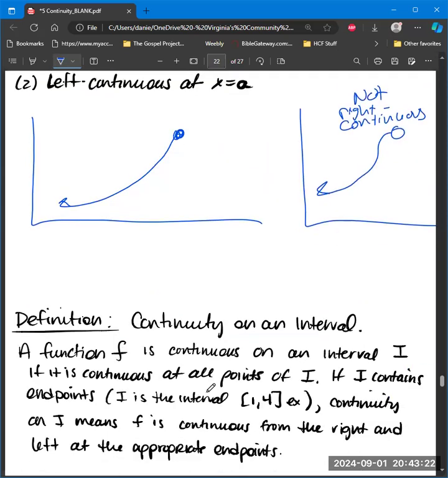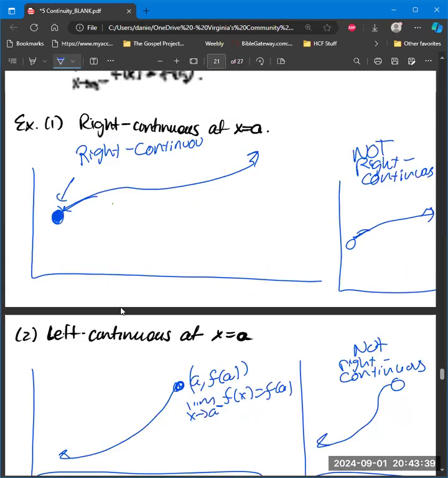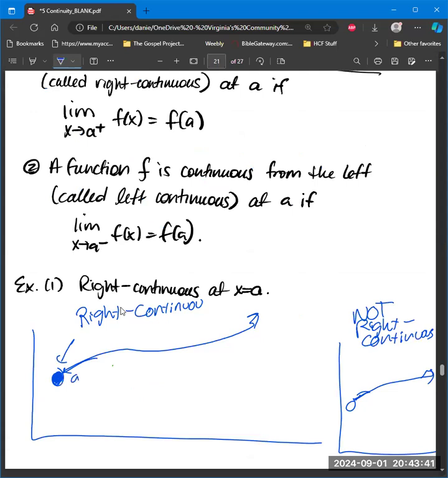So we have to have an a, f of a here. We have the limit as x approaches a from the left of f of x is equal to f of a here. We have an a, f of a here. We have the limit as x approaches a from the right of f of x is equal to f of a here.